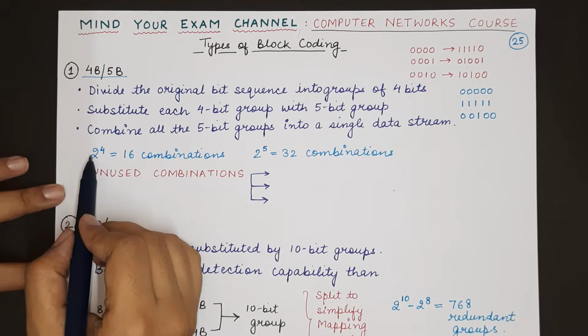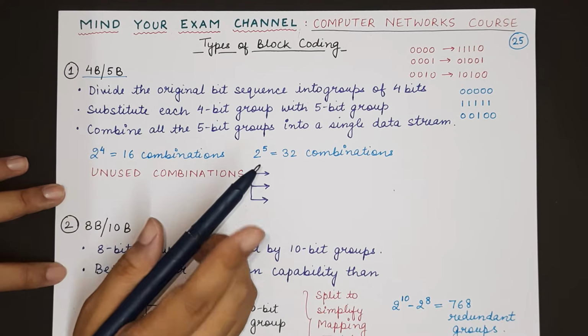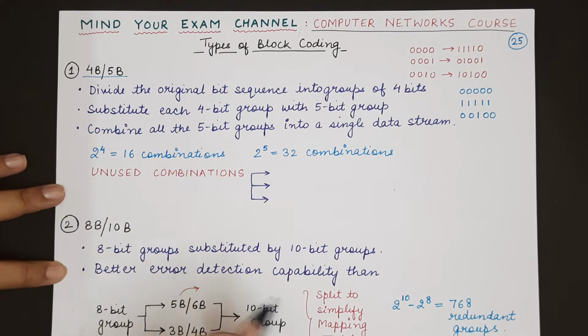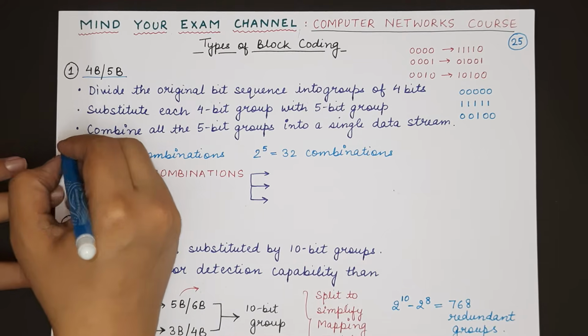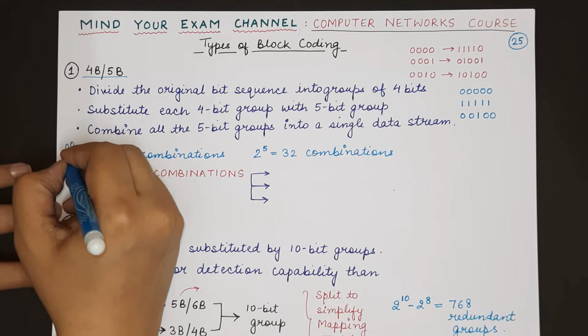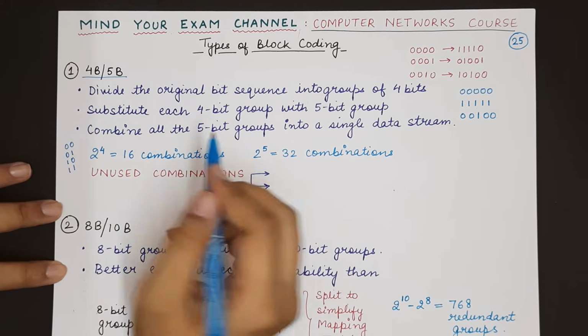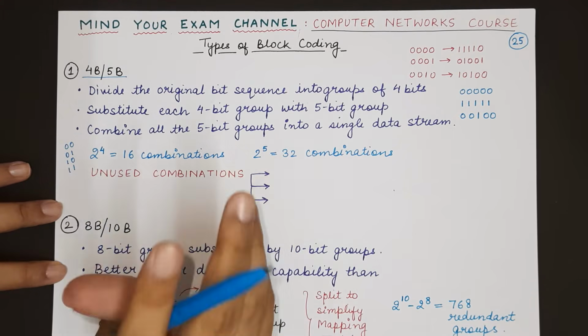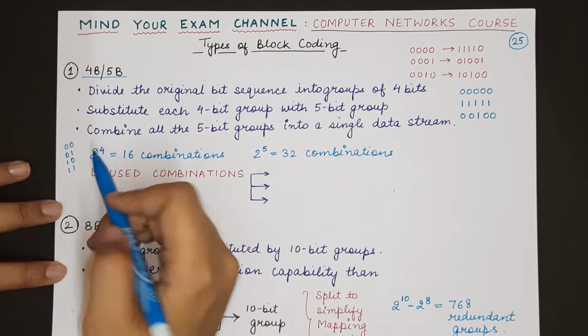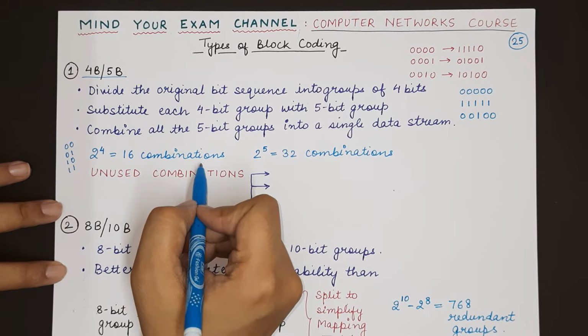If you have 1 bit, there are 2 combinations, 0 and 1. If you have 2 bits, you have 4 combinations, 00, 01, 10 and 11. Then if you have 3 bits, you will have 2 raised to power 3 combinations, and if you have 4 bits, you will have 16 combinations.